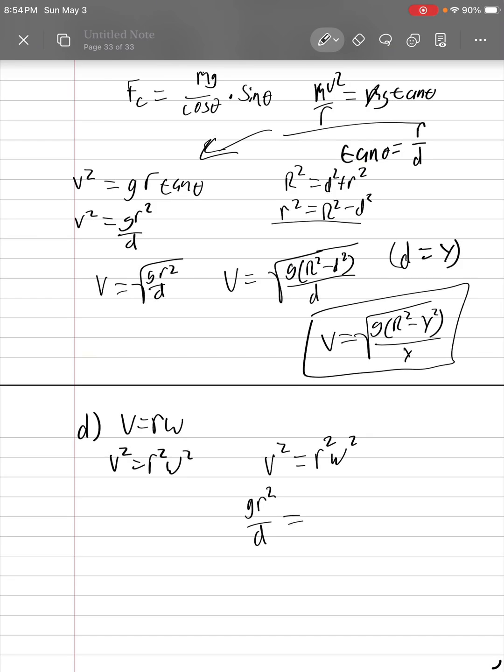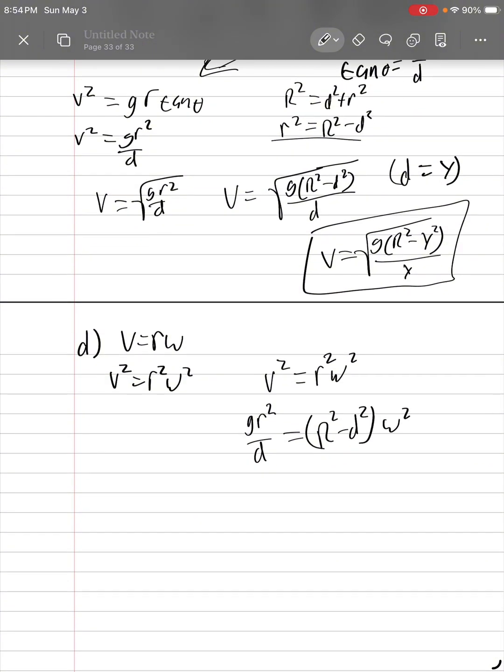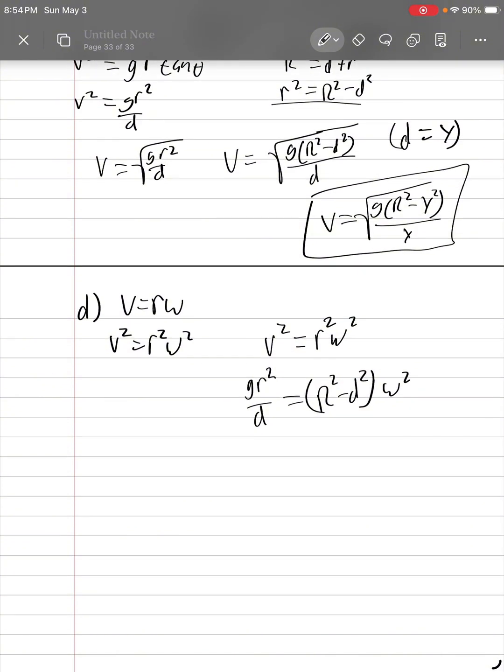is equal to big R squared minus d squared times omega squared. And this is substituting what we found before once again in part C. So next, we're just going to take R is equal to d plus y and say that d is equal to R minus y.